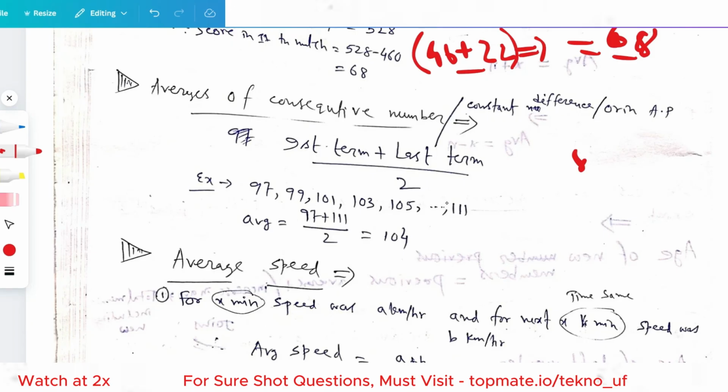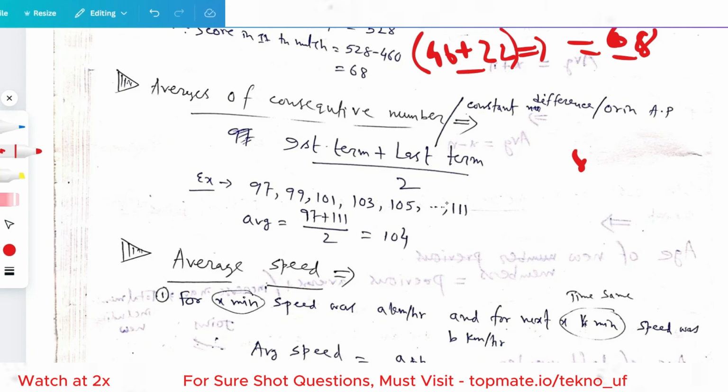Will you add all those numbers and then divide by the number of entries? No, this will be a very lengthy way. The shortcut trick for that is just first term plus last term divided by 2, and you will get your desired output.